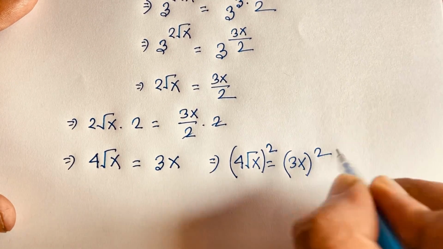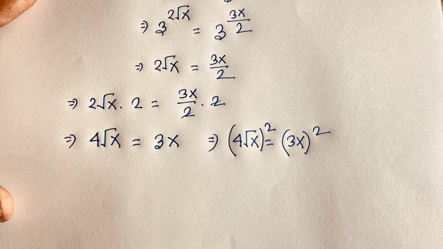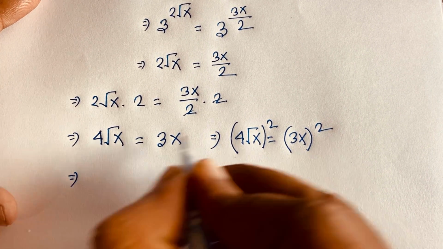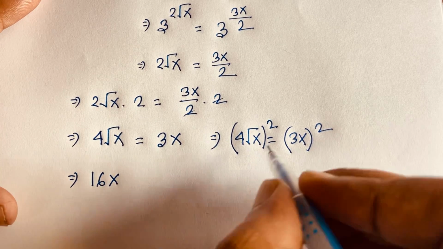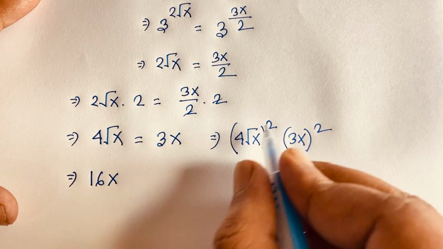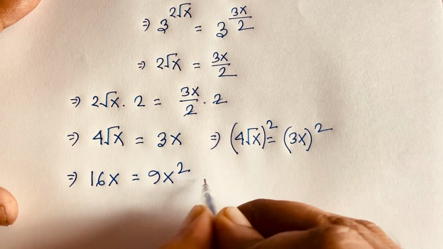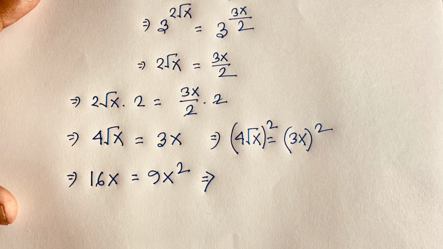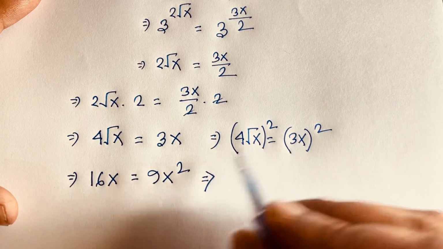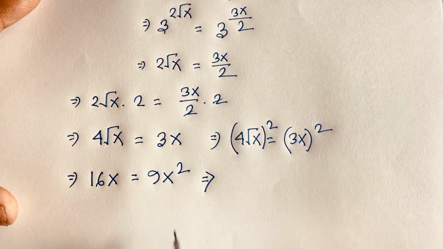Then this equation becomes 16x, because the square root is cancelled, 4 squared is 16, and here is 9x squared, since 3 to the power 2 is 9 and x to the power 2 is x squared.